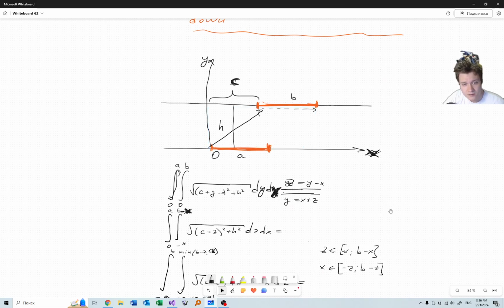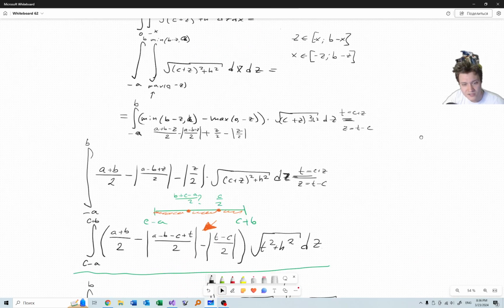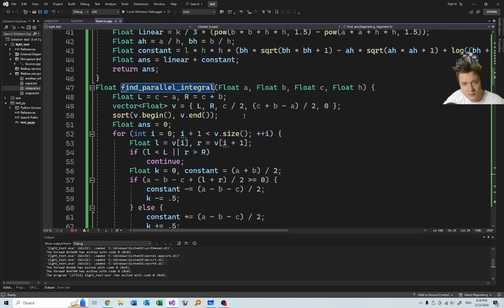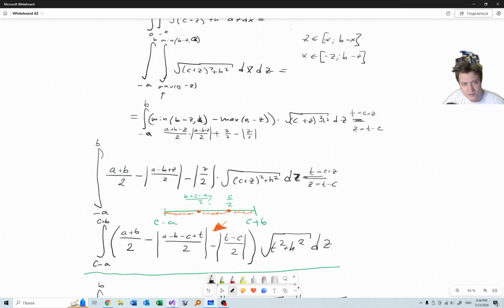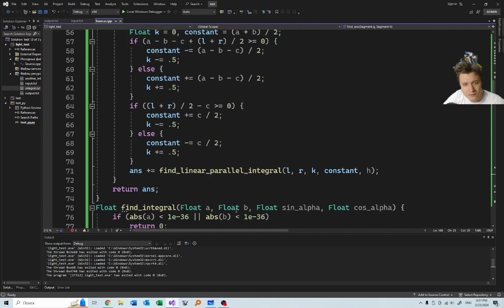Here is my parallel integral. The problem is when h equals 0, maybe it doesn't work. Can it be that it doesn't work when h is 0? Do I really need to write a function, especially for two segments on one line? Yes, I think it does. It cannot just work.